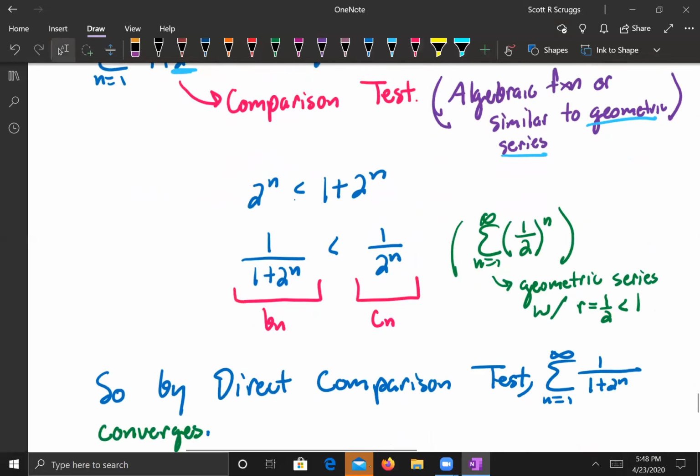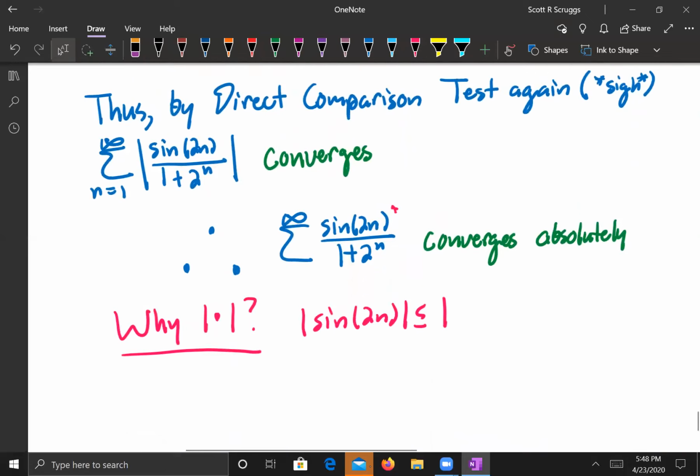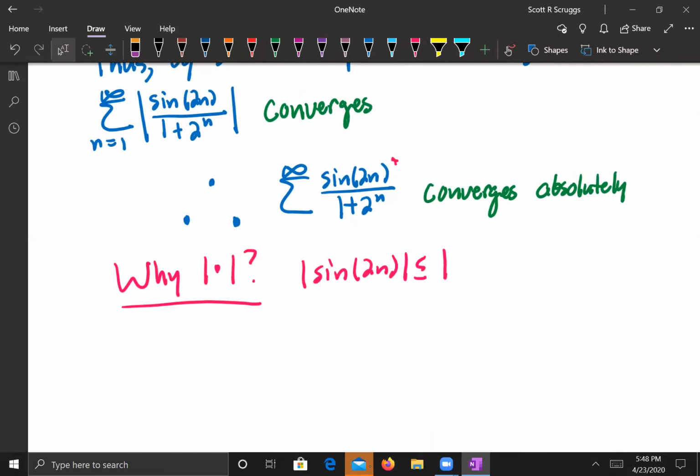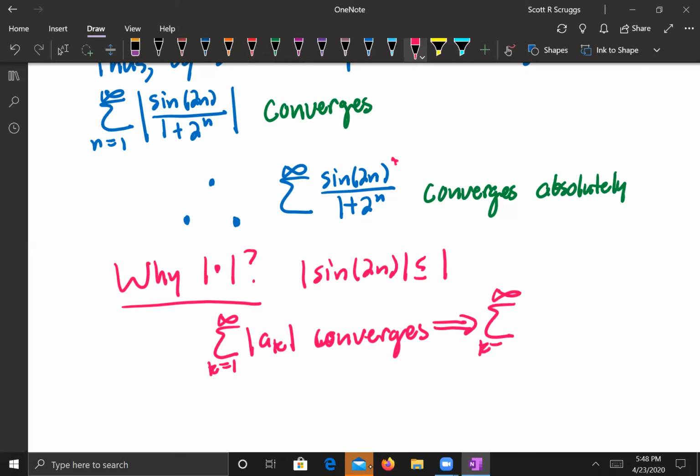And overall, why I'm checking that the absolute value of the series converges is because what I'm going to show is that my series with absolute value converges. And if I show that the series with the absolute value converges, then I get that the original series converges for free. So that's why it's important for me to put the absolute value.